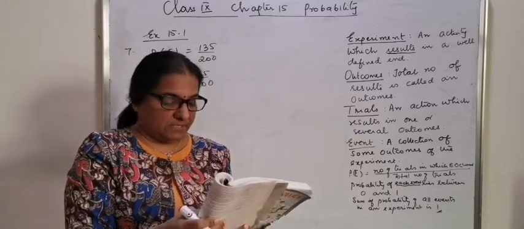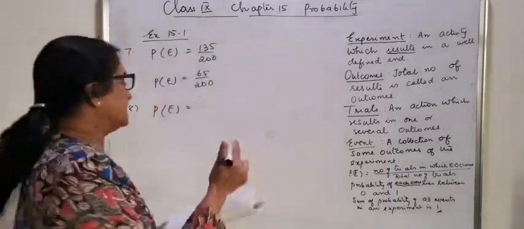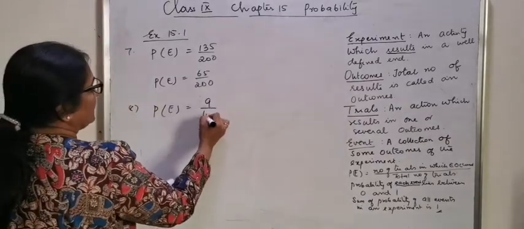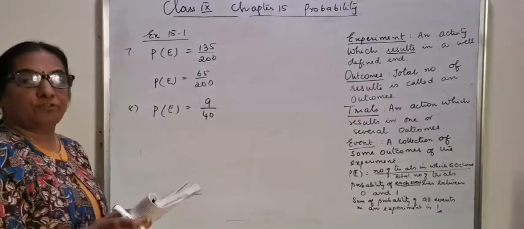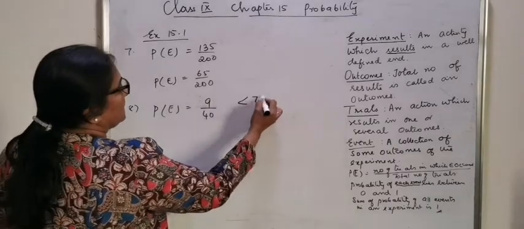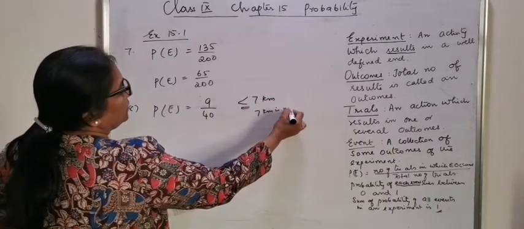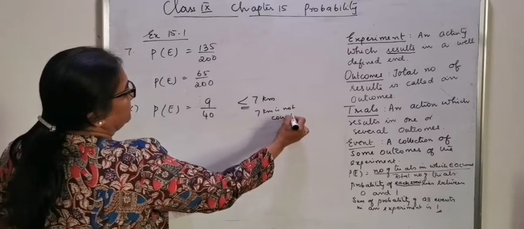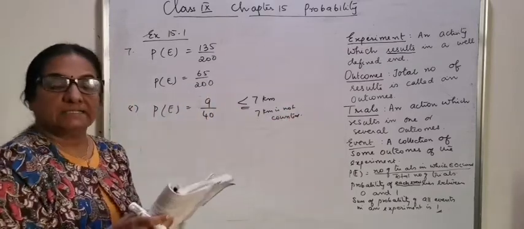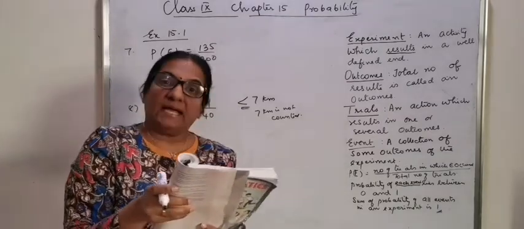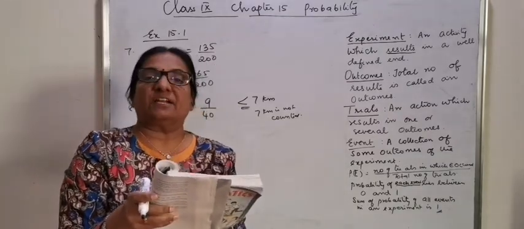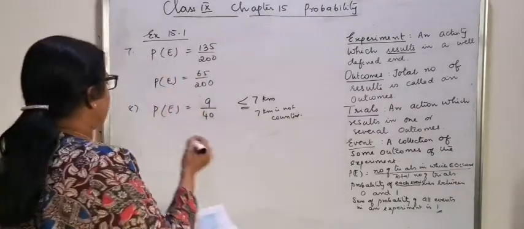When you count the number, you will get the number of engineers less than 7 km as 9 by 40. We have taken less than 7 km, which shows that 7 km is not counted in this particular thing. More than or equal to 7 km from the place of work is the second one.